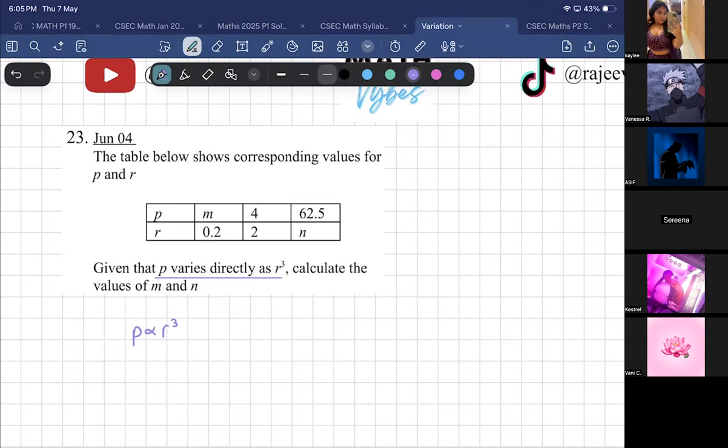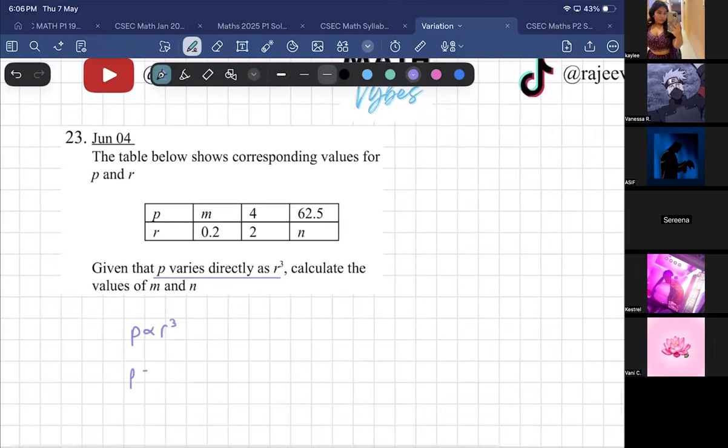Now, Kestrel, is that a specific statement or a generalized statement? Generalized. Yeah, because do we know how much? Do we know these specifics? Not really. I'm just telling you they're related, but I don't know by how much. So the next line I'm gonna say P is equal to what? P is equal to KR cubed.